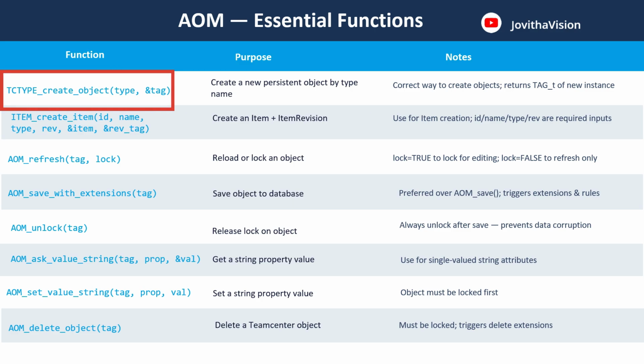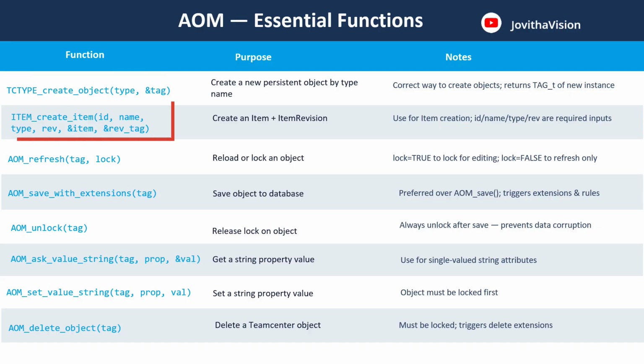TC_type_create_object takes two parameters: type name, which is the object type as a string, and &tag. That's an output parameter. The ampersand means it's a pointer, so the function writes the created object tag back into that variable. Use this when you want to create any typed Teamcenter object by passing the type name.